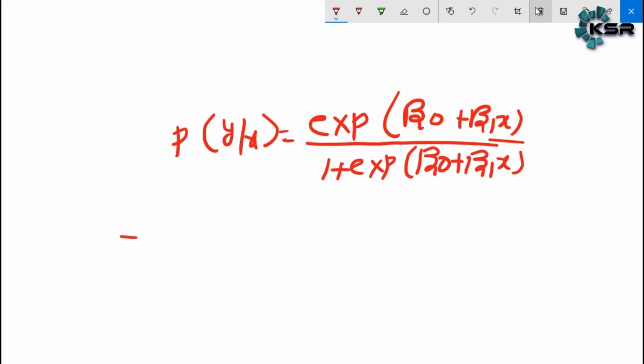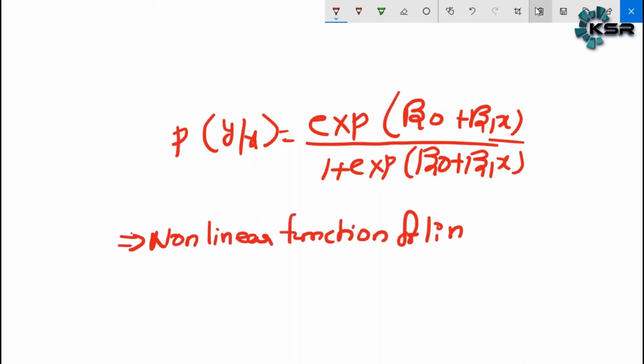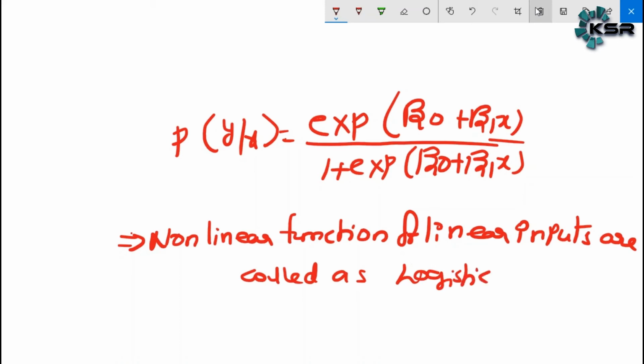In this case, it is also called a non-linear function of linear inputs, and that is called logistic regression. Non-linear function means the exponential depending on the linear input.